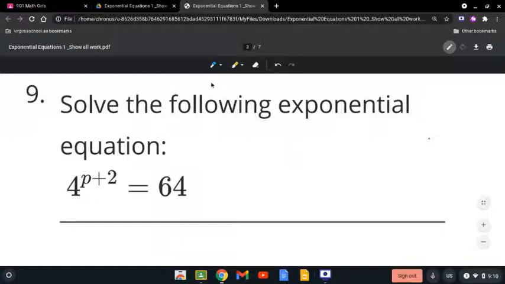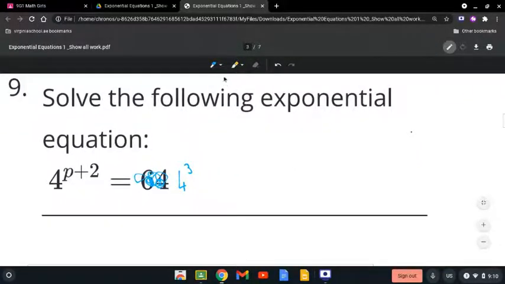So we can now cancel 4 and write 4 to the power of 3. 4 because we multiplied 4 by itself, and 3 because we multiplied 4 by itself 3 times to get 64. So now we can solve normally.